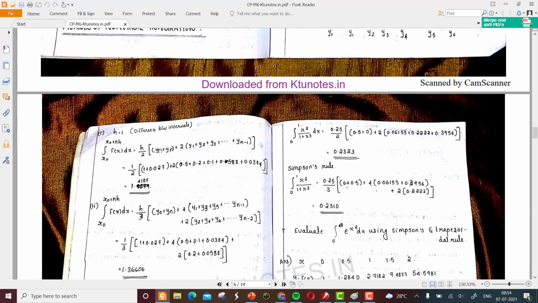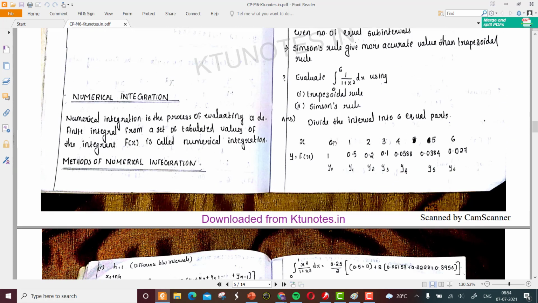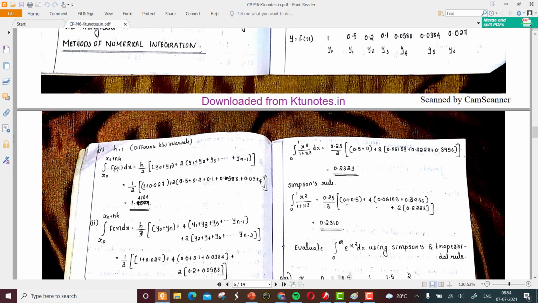Okay, straight into the problem. We have the first method. See that the interval is 0, 1, 2, so the interval value is 1. So we have the integral of f of x dx from x0 to x0 plus nh equal to h by 2 into the equation.